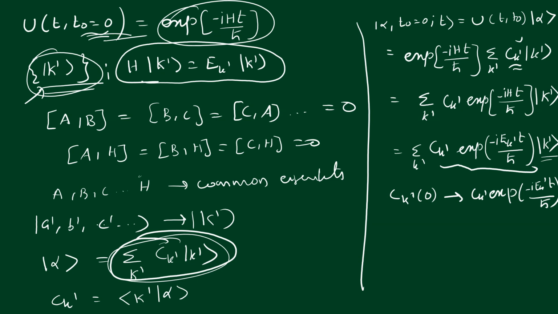In other words, we can simply write the time dependence of the expansion coefficient as ck prime of t equal to exponential minus i E k prime t divided by h bar multiplied by ck prime of 0. So the only thing that's happening during the time evolution is that the individual expansion coefficients get modified. They just get multiplied by a pure phase factor of this form. So in this way, we have solved the initial value problem.